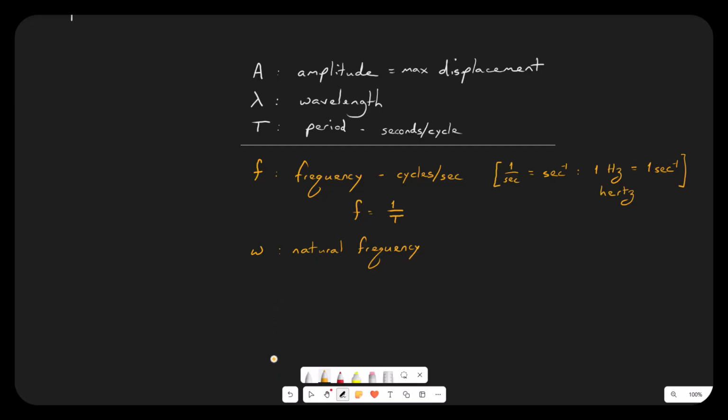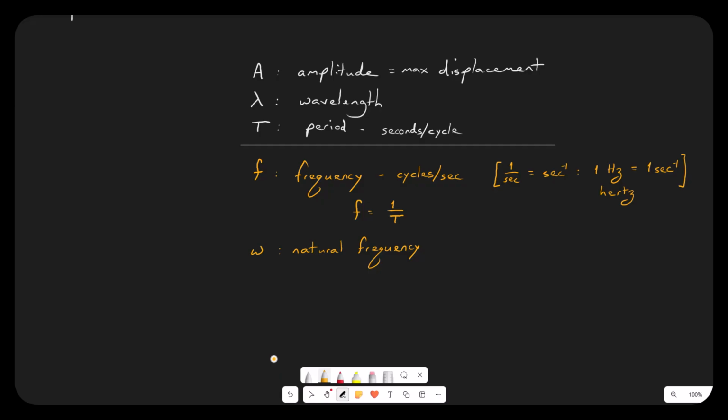The natural frequency is saying, I've got this wave, and anytime we're doing a wave, we're looking at sinusoidal functions, so we've got a sine cosine type of thing going on. If you plug into your calculator the sine or cosine of a number, sine and cosine are repetitive, and they are repetitive every 2 pi radians, right?